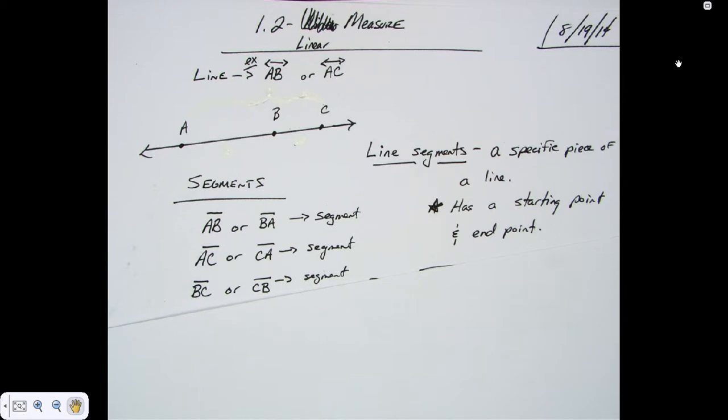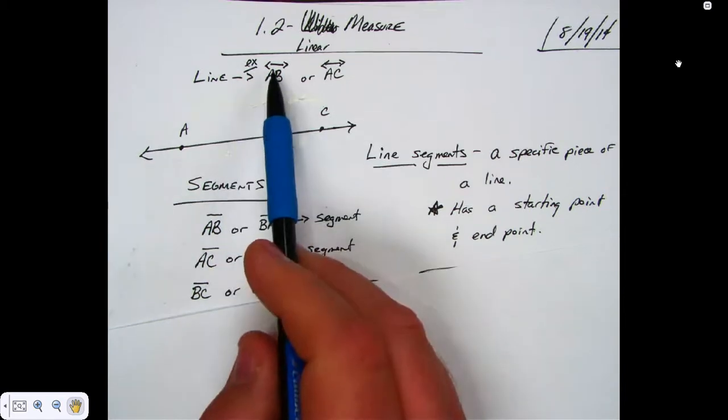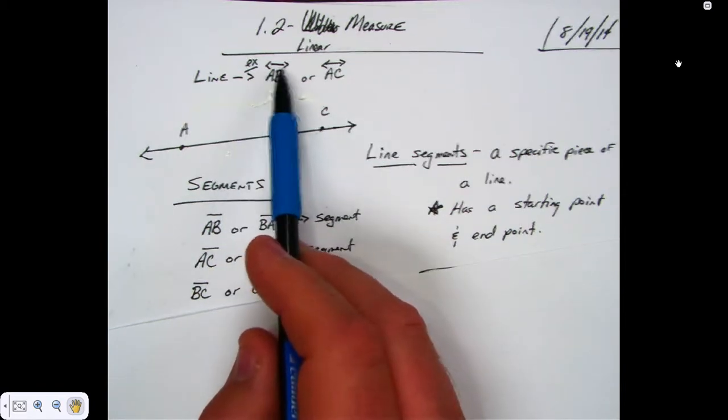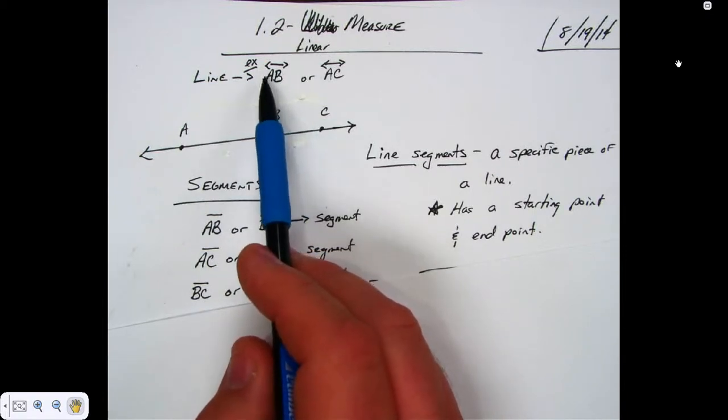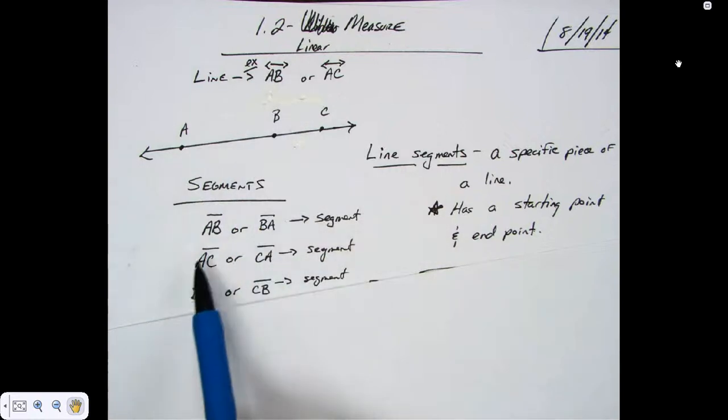So when I'm talking about line AB, I put arrows right here, didn't I? Okay? Everyone agree? Well, if I'm just talking about the A to B, just that piece of it, I'm not going to put the what?